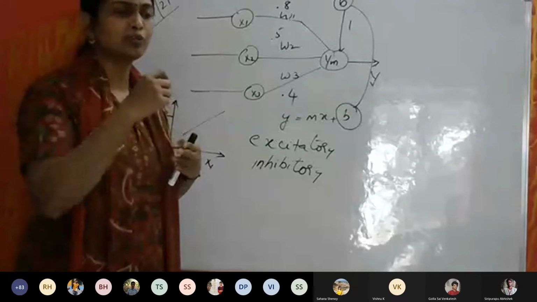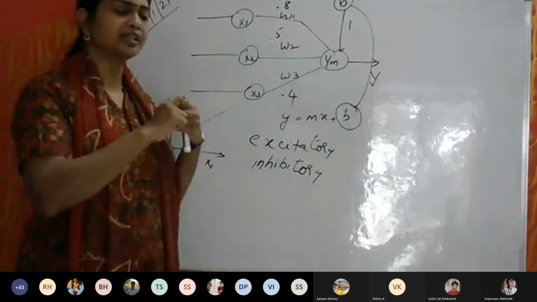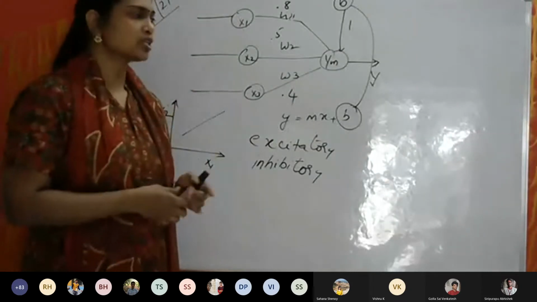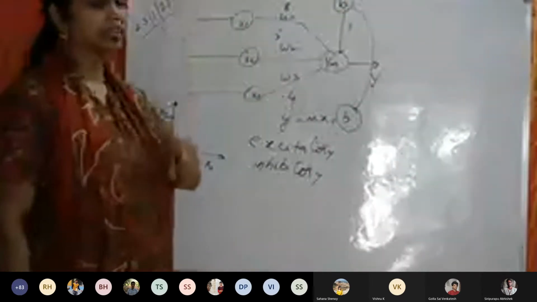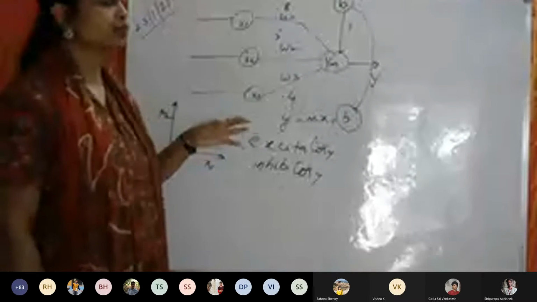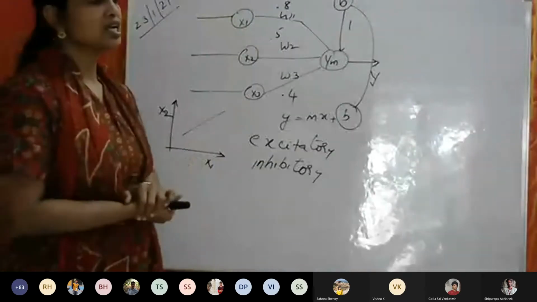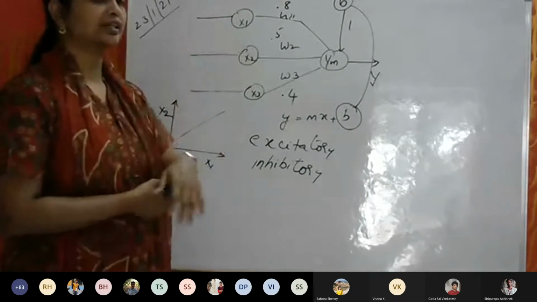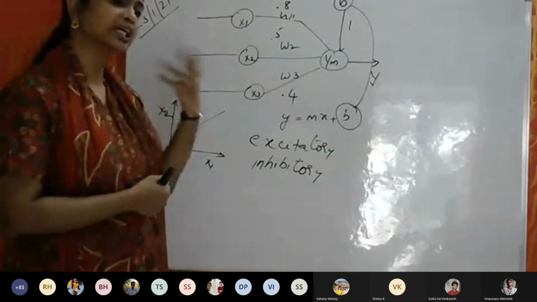That means it has to correct the error and reiterate once again to give the correct output. In the process of reiteration, it should not change the input. To get the target, we should not change the input. We should only change the weights. So how much weight has to be changed to get the targeted output? That part happens during the learning.